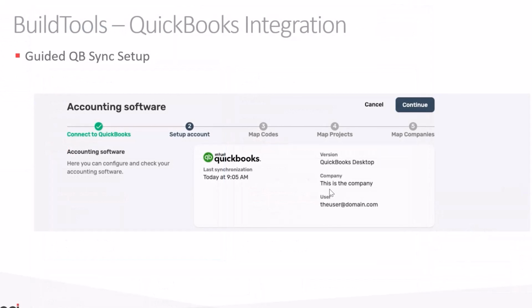When you go through the process of setting up the QuickBooks integration, there's a real nice guide that will take you step by step through the process, and it'll show you what step you are at. And as you know from working with Info Plus Accounting, having good, accurate QuickBooks for up-to-date financials is the key to your business.